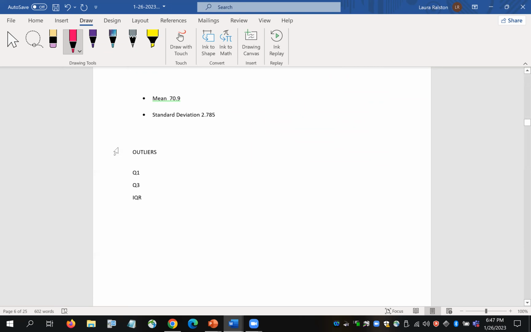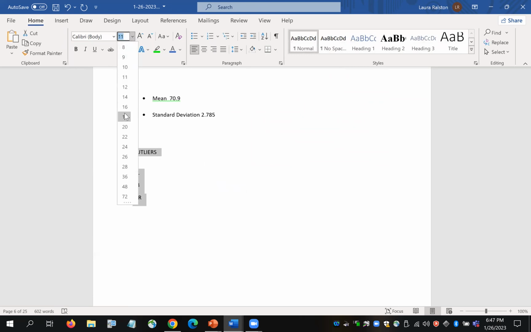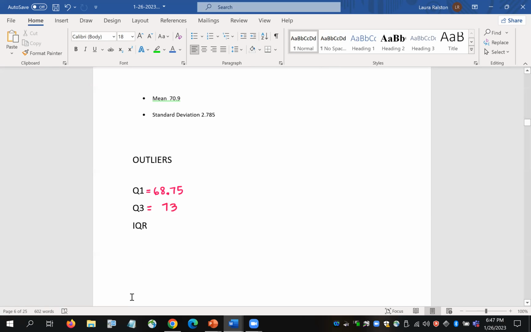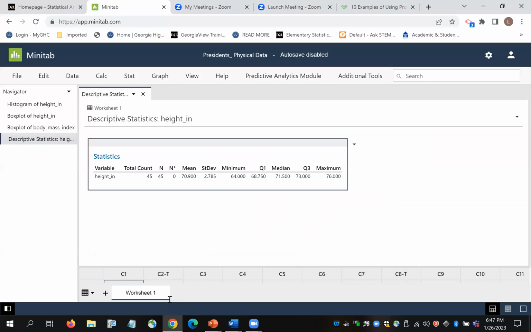All 3 of those numbers in order to do the calculations. Now, Minitab has already calculated Q1 to be 68.75. It's already calculated Q3 to be 73. I can find the IQR, but I'm going to have Minitab do it.